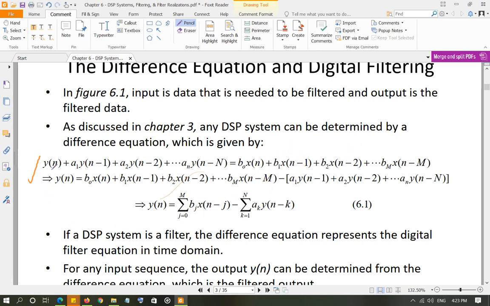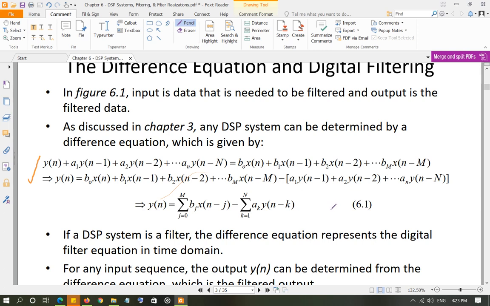We know that y of n is the current output, y of n minus 1 is the previous output, y of n minus 2 is the previous output if you go 2 time steps back, and a1, a2, up to aN are the coefficients, or the multiples, of those y components. Likewise, x of n is the current input, b naught is the multiple of that, or your amplification of that, and likewise x of n minus 1, x of n minus 2 are the previous instances of the input, and b1, b2 are the multiples or amplification factors for those.